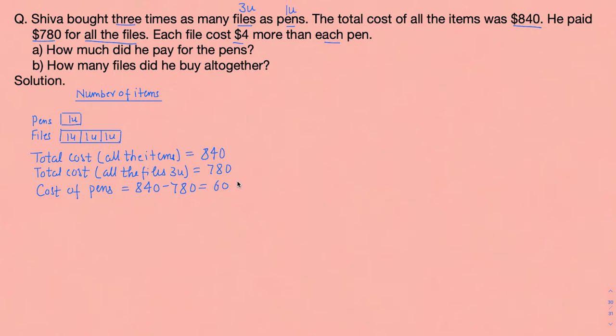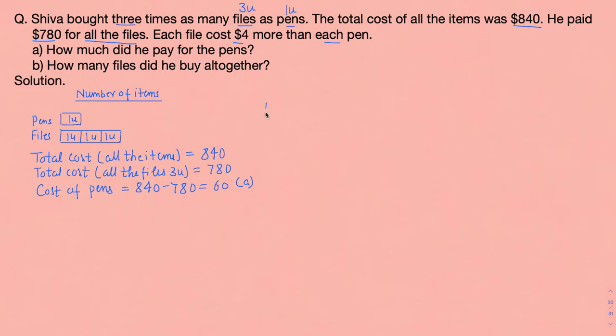Now that answers our part A. But we still need to find out how many files he bought altogether, which is 3 units. First we need to know how much will be 1 unit. As we have started talking about the number, let's first write what else is given. We are given that the cost of each file is $4 more than the cost of each pen.